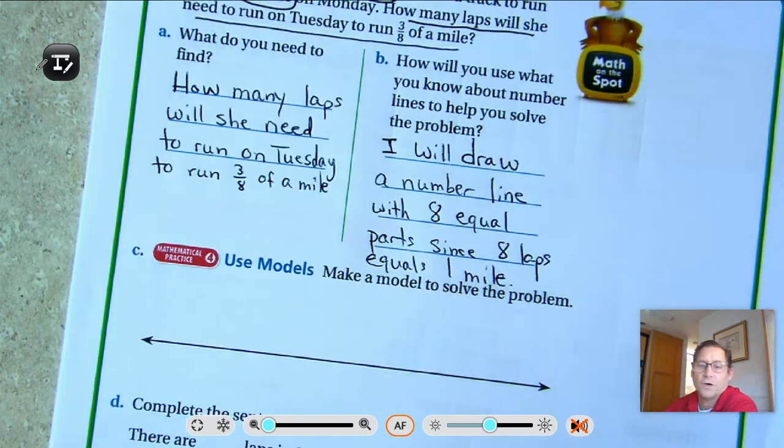Okay, I'm going to draw a number line with 8 equal parts since 8 laps equals 1 mile.